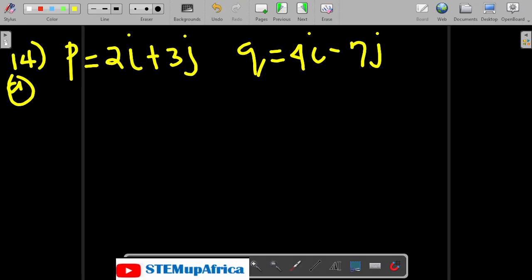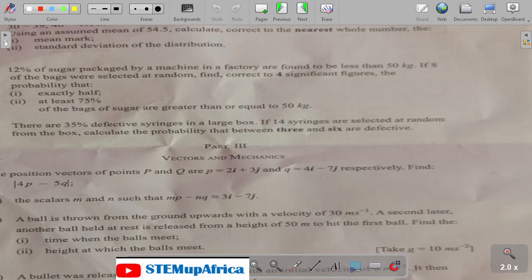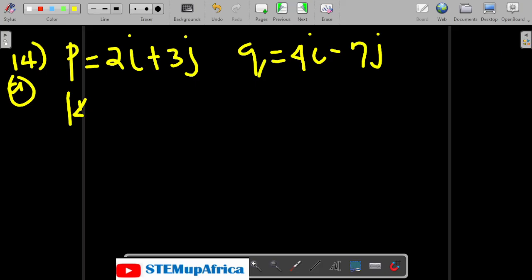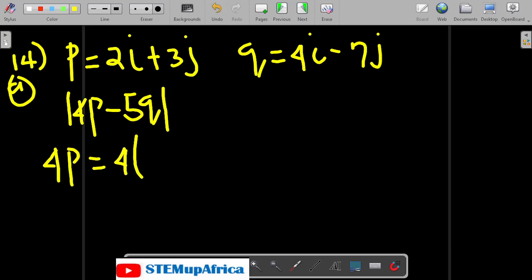So we are asked to find the absolute value of 4p minus 5q. So I'll get my 4p. 4p is now 4 into the vector of p, which is 2i plus 3j.